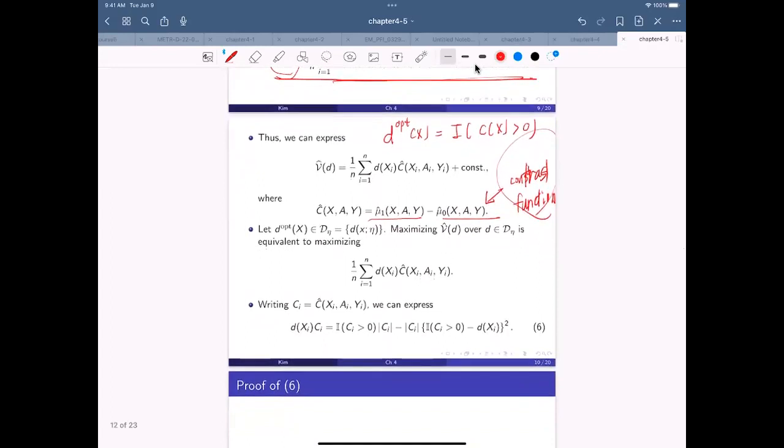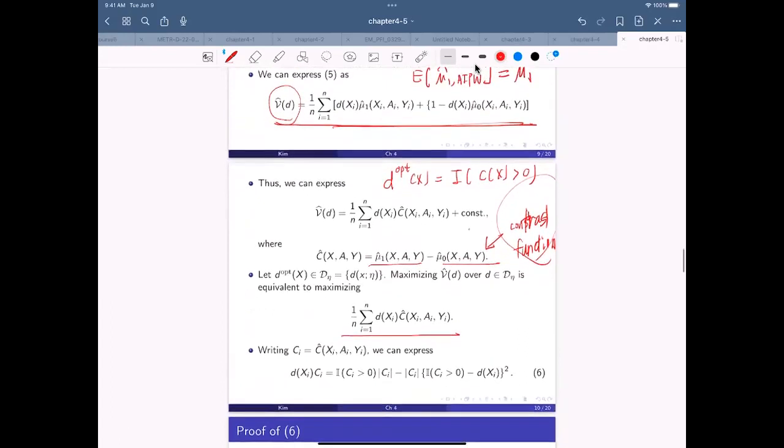So your objective function to maximize is this one because this guy is constant, right? You have a constant term here, so you don't have to worry about it. So all you have to do is maximize this one given Ci hat. So we can write it as just a constant.